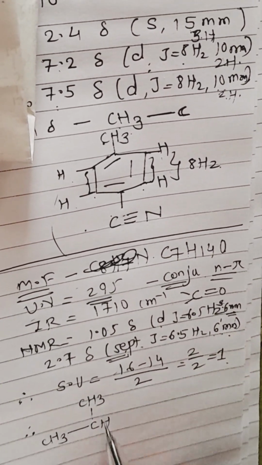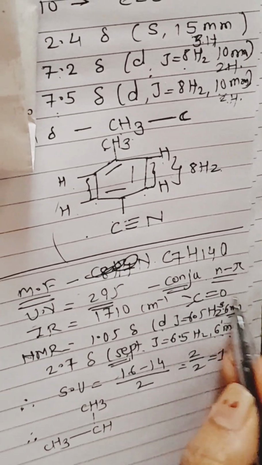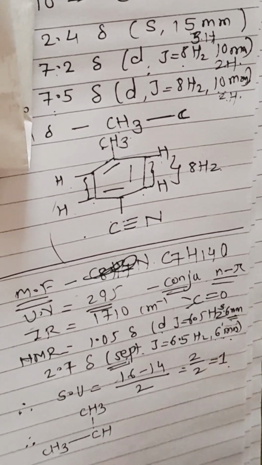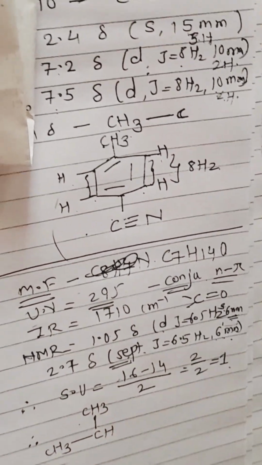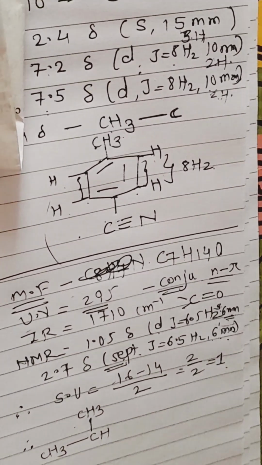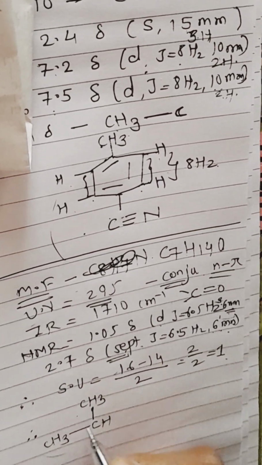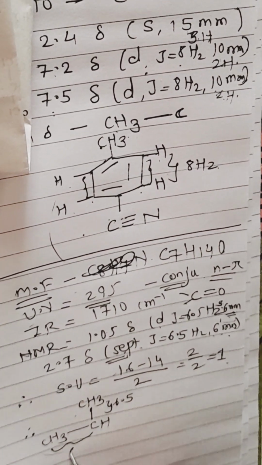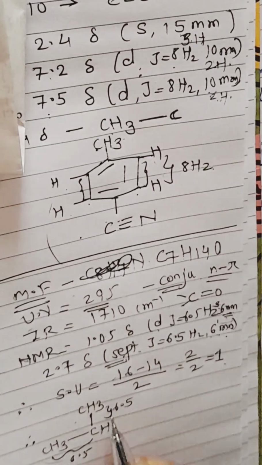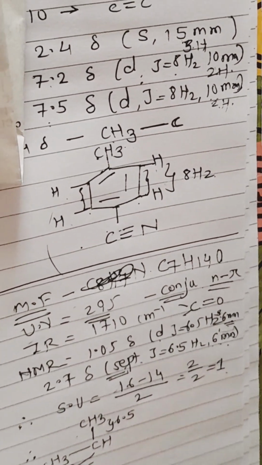Therefore 6 protons show a doublet, meaning this methyl and this methyl. So this is one fragment, and the coupling constant between this proton and this hydrogen is of course 6.5 hertz.